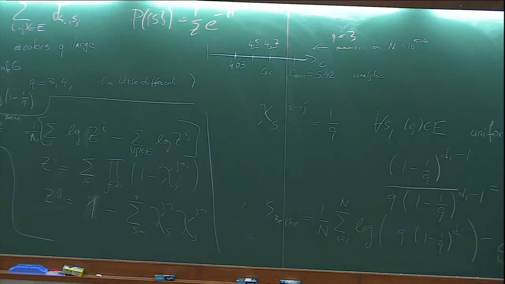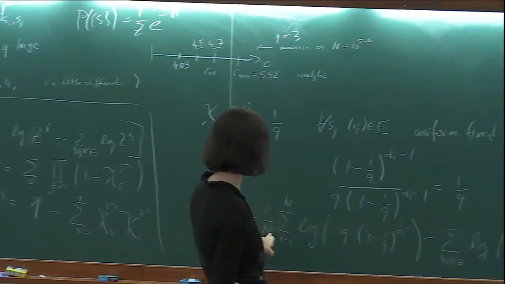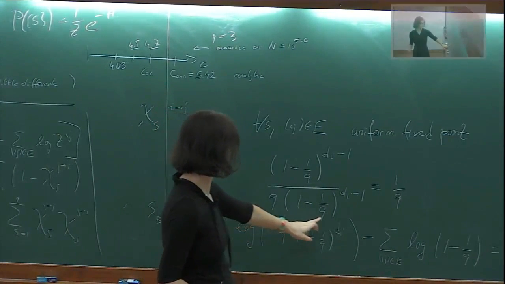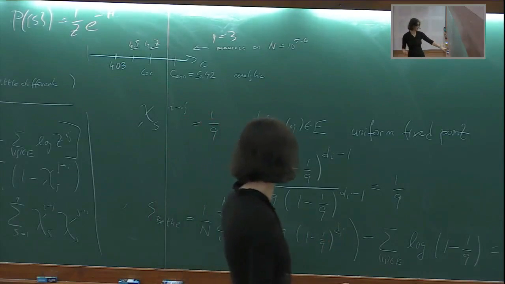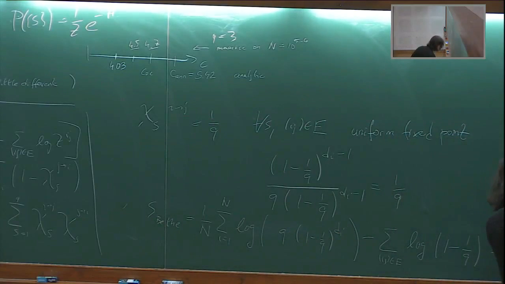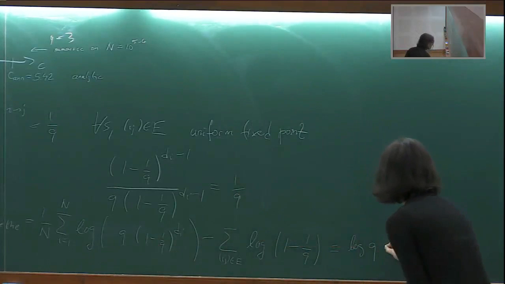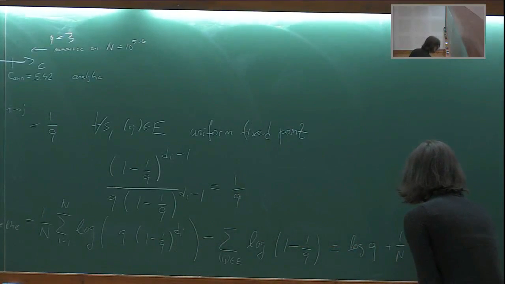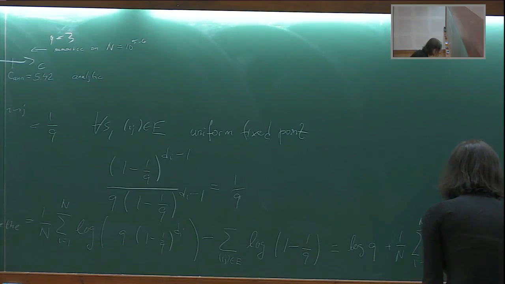So what is this? First of all, the only thing that depends on i here is the d_i. So let's just factorize this logarithm. We see that this q just gives me log q. What about this term? That just gives me 1 over N, sum over i from 1 to N, d_i log 1 minus 1 over q.